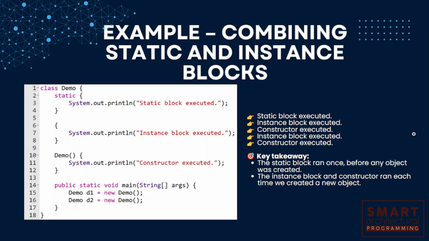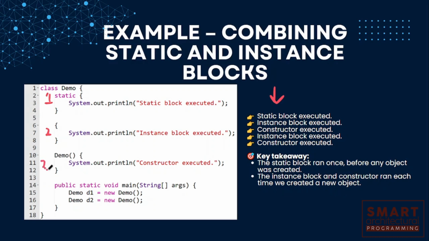So what is a common example that you could use here? We can combine static and instance blocks to come up with a simple understanding of them. As you can see in the code here, the output will be executed in this order, as you can follow the red arrow here. The static block is executed first. That's the first thing that gets executed. Then the instance block gets executed, right? Here, that's point number 2. And then the constructor gets executed.